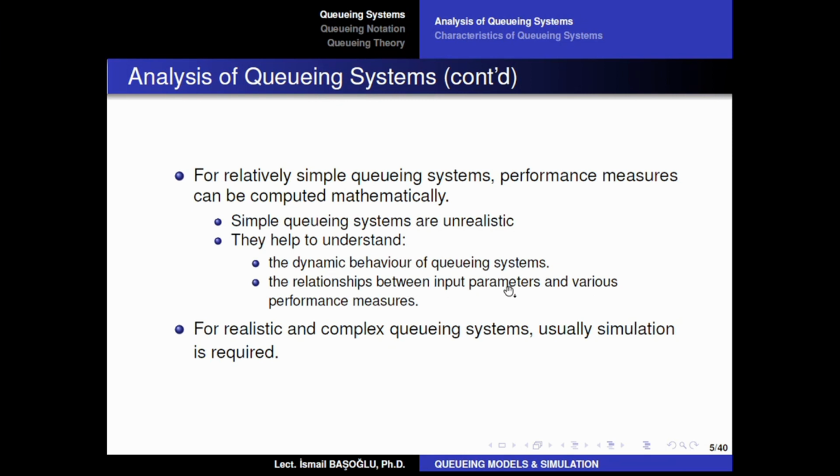So changing an input parameter, how does that affect the performance measures? So we can understand these relationships in simple queuing systems to understand this effect on complex queuing systems as well. However, for realistic and complex queuing systems, mathematical formulations for performance metrics are usually not available, and usually simulation would be the only option to measure the performance metrics of such complicated queuing systems.